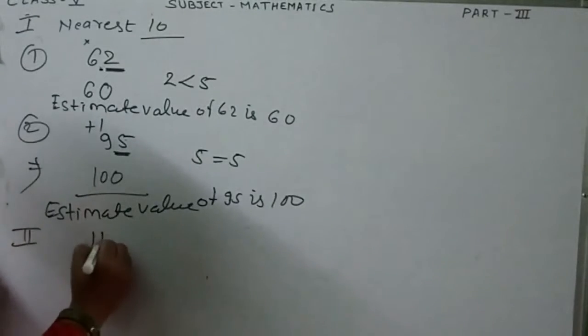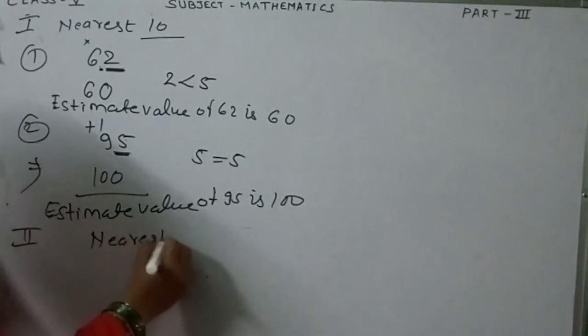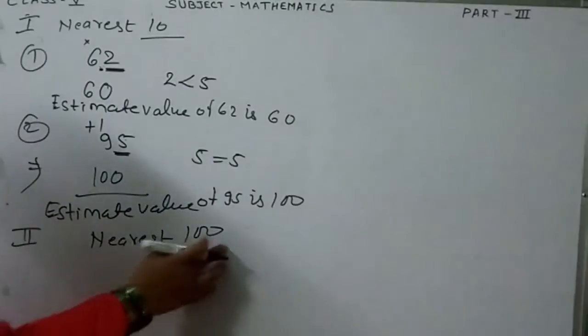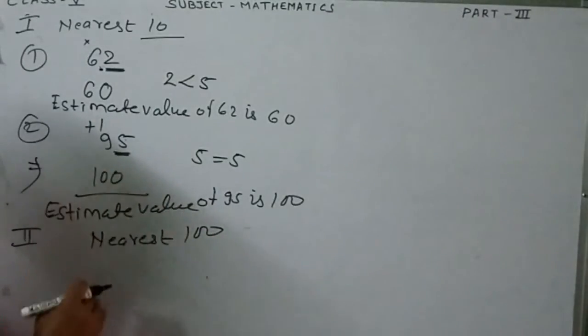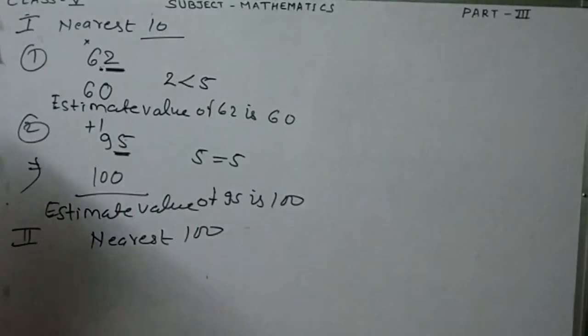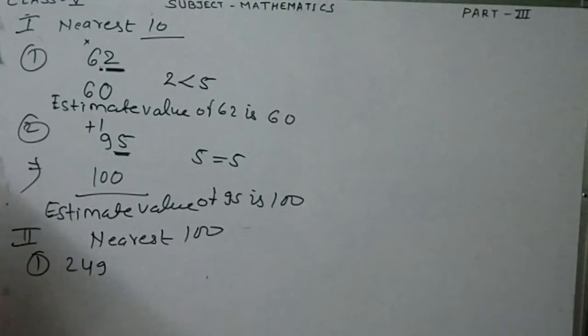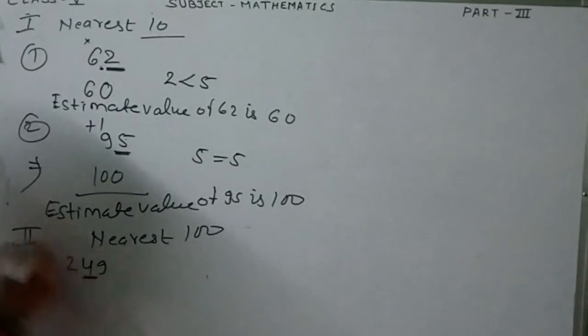Okay. Now the second question: you have to find the nearest 100. In case of 100, what I told you is to check the value of tens. The first number is 249. Which digit do you have to compare? Tens.